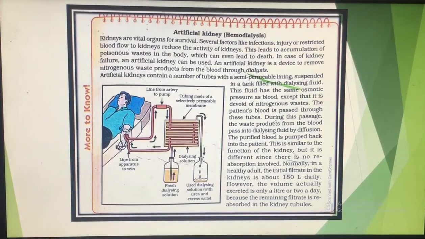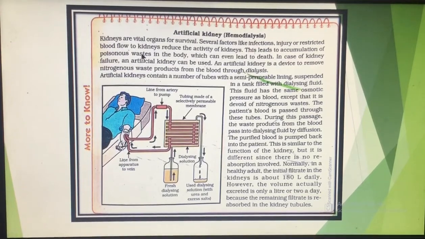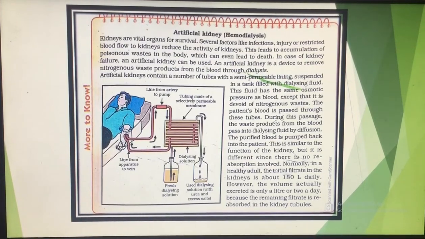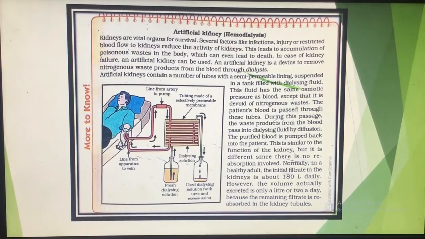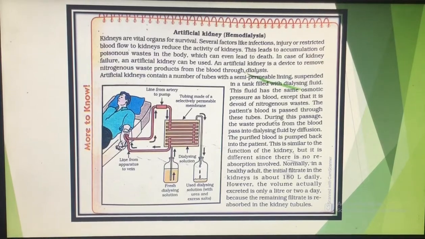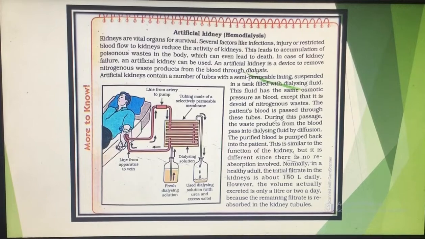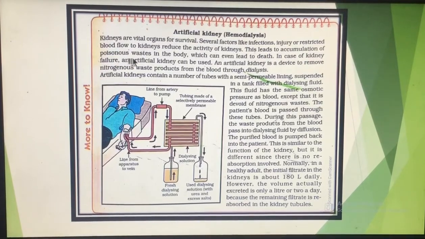As a result, if the kidney doesn't work, then the ammonia, urea and uric acid get accumulated or concentrated in the blood, and these are poisonous substances, and if their concentration increases too much, then death can take place. So these poisonous substances have to be removed from the body, otherwise it may lead to death.